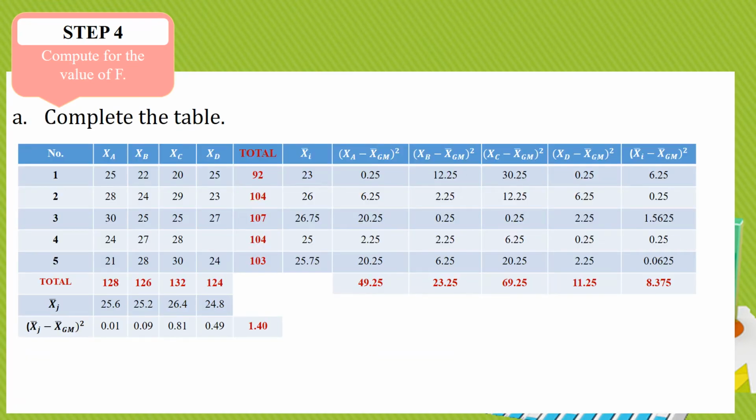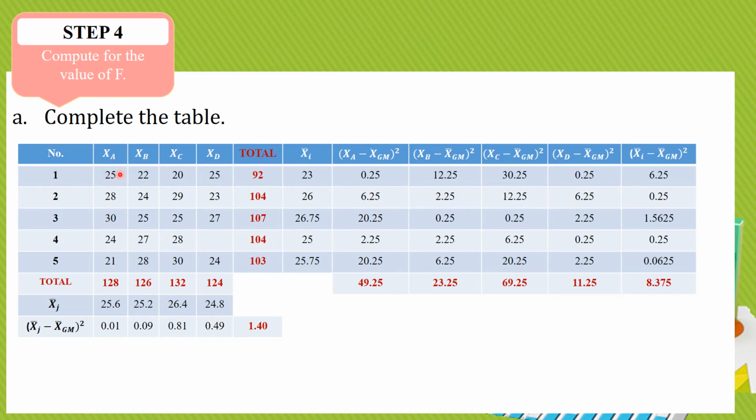In this table, we already know that our grand mean is equal to 25.5. So we can now find the values in this column. In this column, we have x sub a minus grand mean squared, x sub b minus grand mean squared, up to x sub d minus grand mean squared. To find this, we will just subtract the grand mean from the value of x sub a.